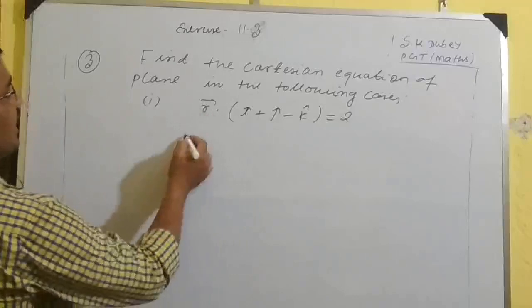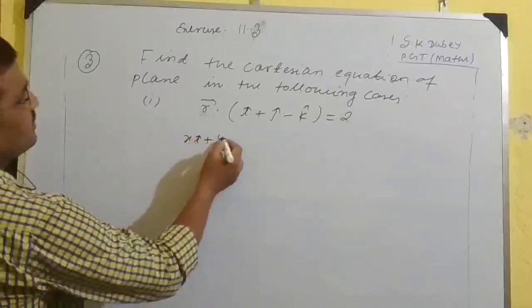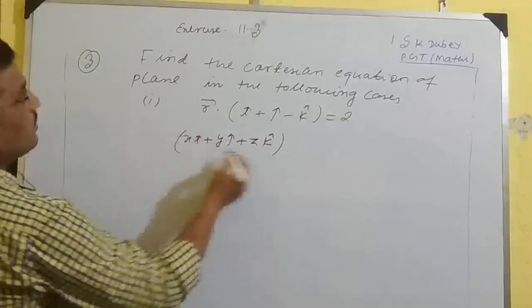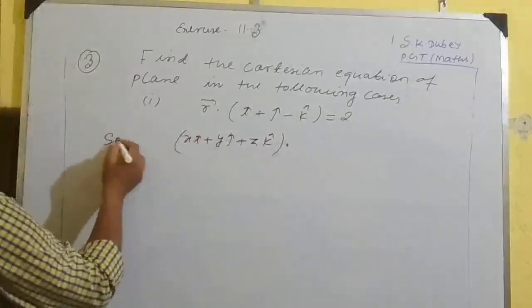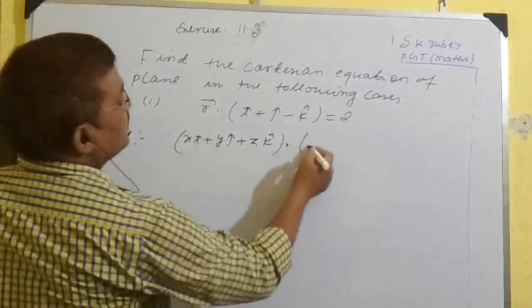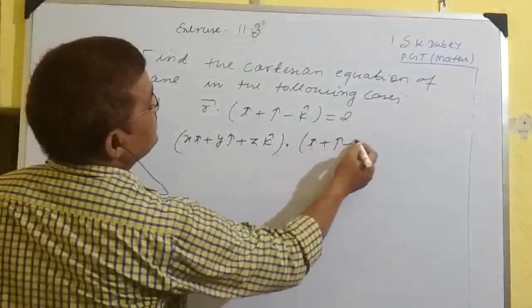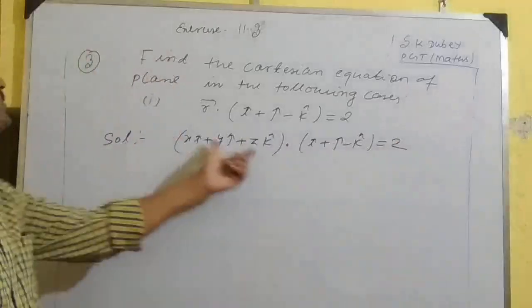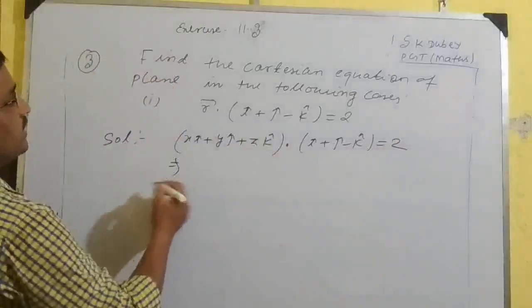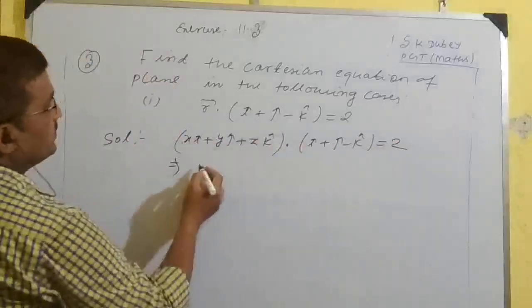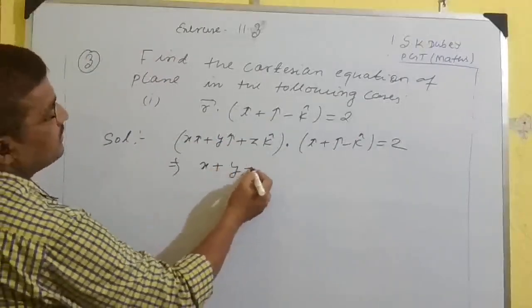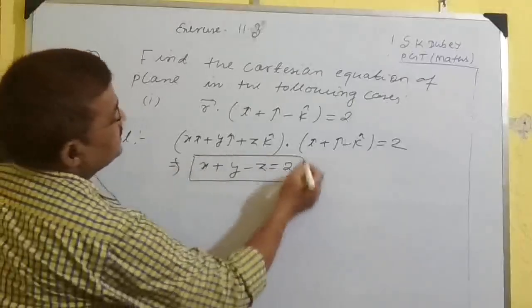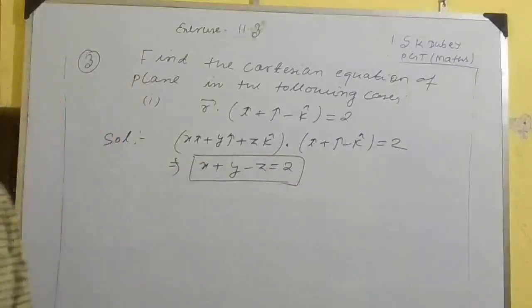If we put vector r as x i vector plus y j vector plus z k vector dot i plus j minus k is equal to 2, and take the dot product of these two vectors, we get x plus y minus z is equal to 2. This is the required Cartesian equation of the plane.